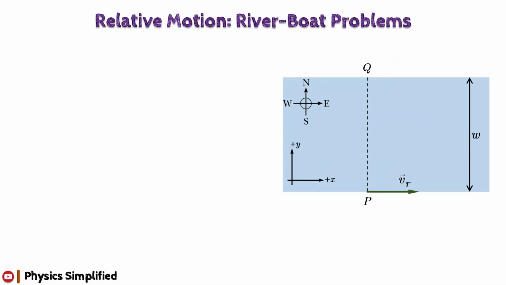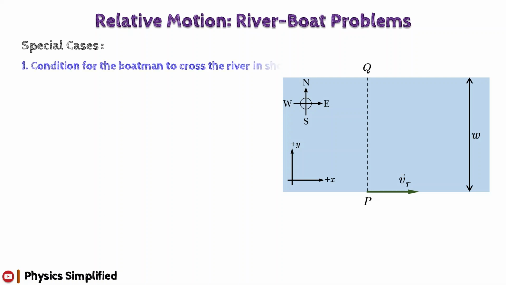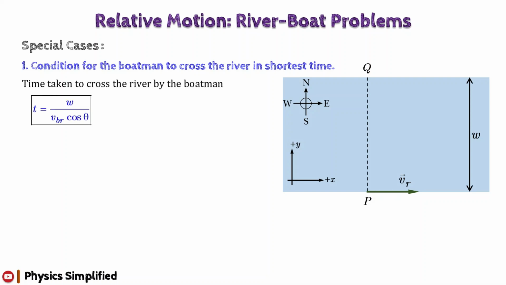Let us now consider some special cases. In our first case, we want to find the condition when the boatman crosses the river in shortest time. In the last section, we calculated the time of crossing the river by the boatman. It is given by t is equal to w divided by v suffix br cos theta. Now, for a given river, its width w is a constant. If the boatman steers his boat at a constant velocity in the flowing river, the magnitude of v suffix br also remains constant.